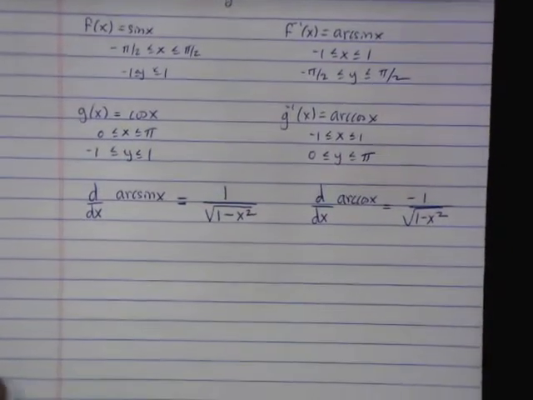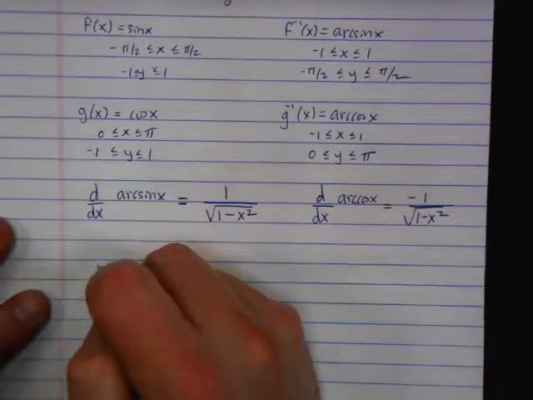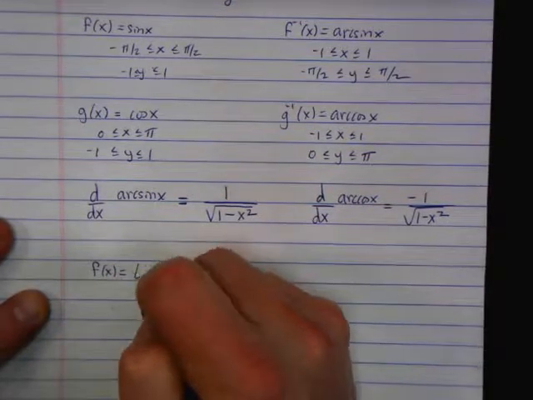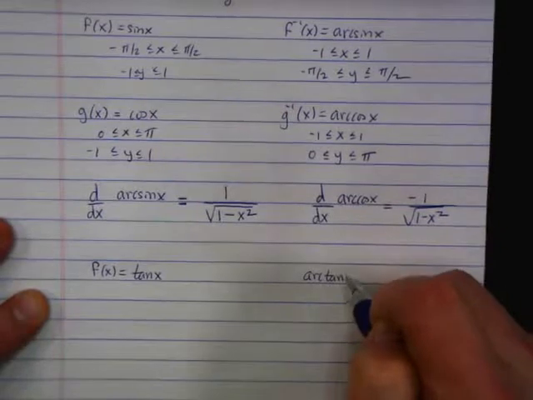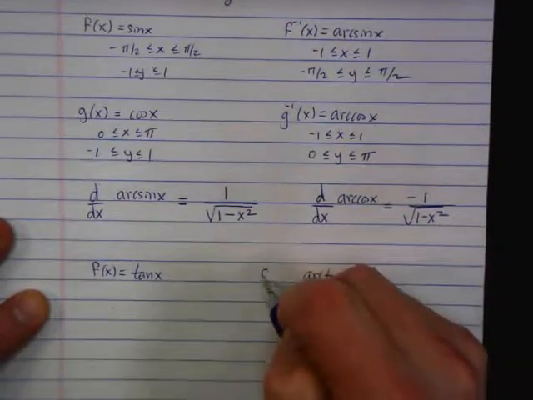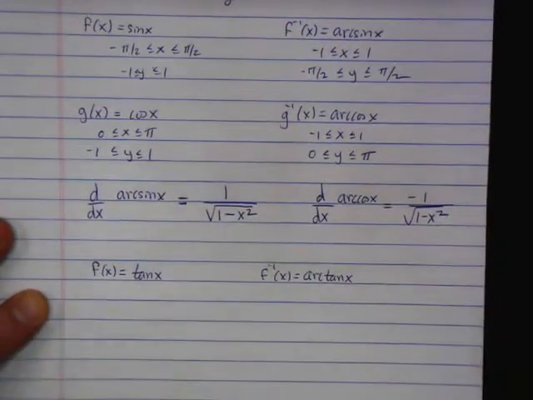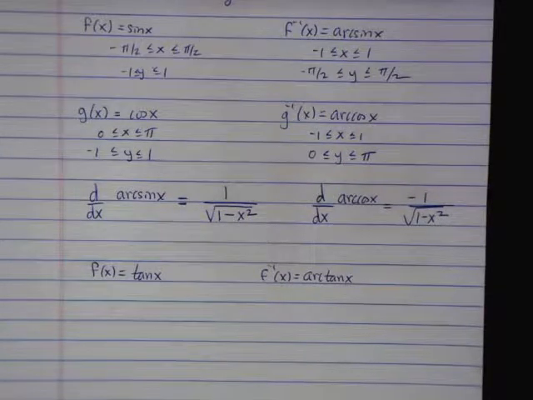All right, so let's talk about tangent. Is tangent a one-to-one function? If it's bounded, that's correct. As it is all by itself, it is not a one-to-one function. How do you bound it? Negative pi halves to pi halves, I believe, is correct.